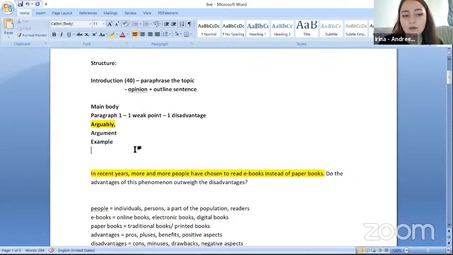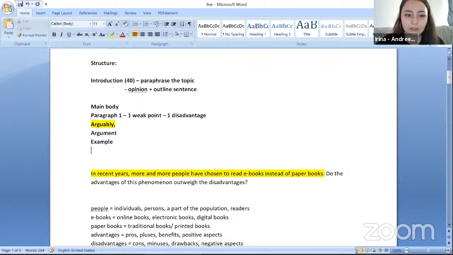It can sound like, I don't know, there was a survey conducted by I don't know which library, and the results were that 80% of people said that they waited too long for a book or something like this. Of course, with better words if possible. But this is the kind of example that you should write here. So not from your own experience, or a friend or something like this.